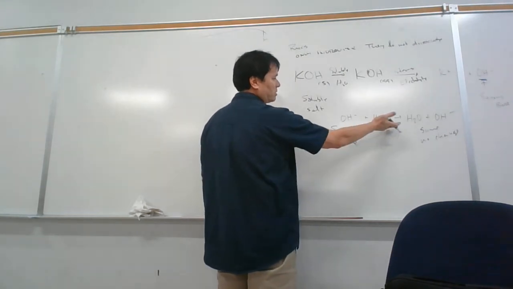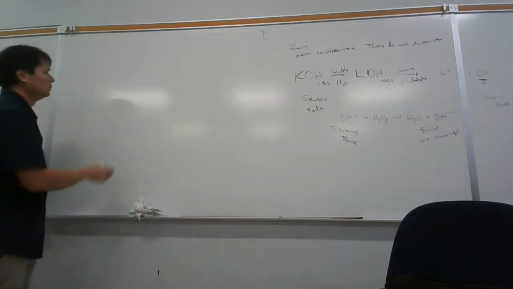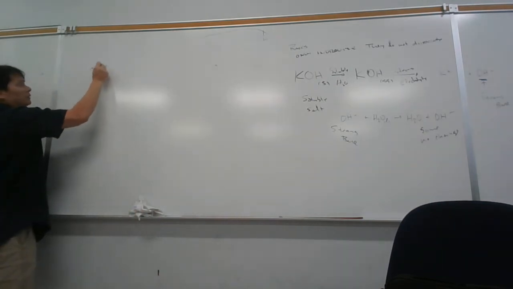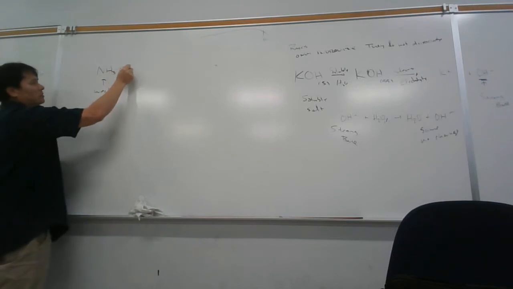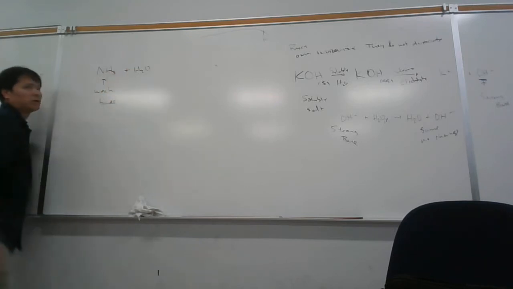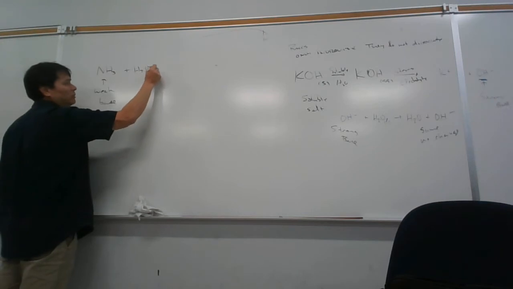And whether this goes 0 or 100%, we end up with the same thing, lots of hydroxide. But if we take a weak base like ammonia, ammonia is a weak base, and weak bases do not dissociate, weak bases hydrolyze. Hydro is water, lysis is breaking up water, so hydrolysis is just breaking up water. And so if we take ammonia and water, what do we form?